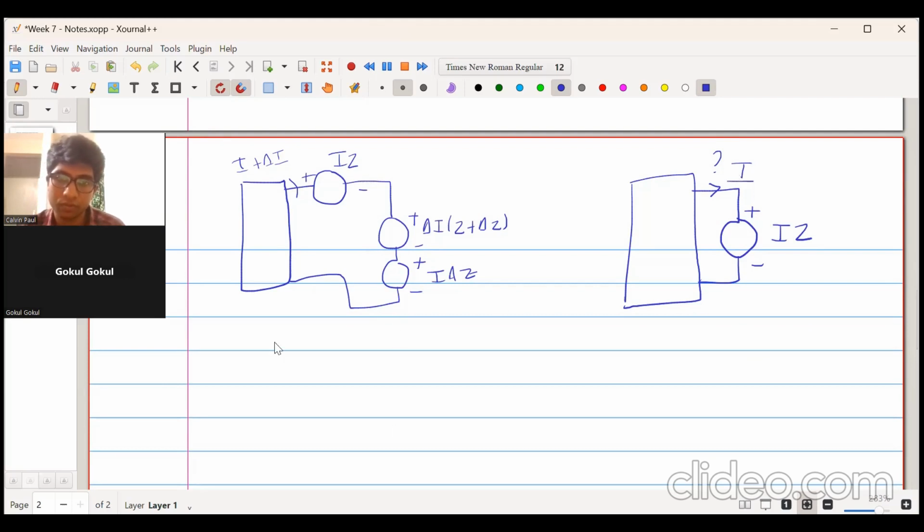Now this is I. Now in the superposition theorem, we will short this voltage source as well as the other voltage sources in the network, and the current sources are made open circuit.